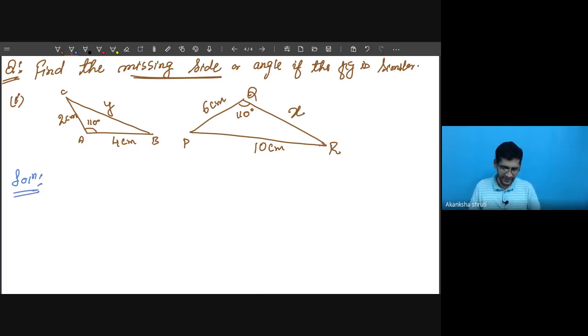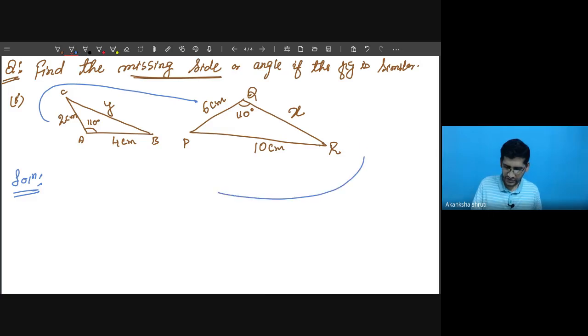From the figure it appears that this AB, AC, 2 is going to match with this 6 and 4 is going to match with this X. Or sometimes a specific name is also specified.